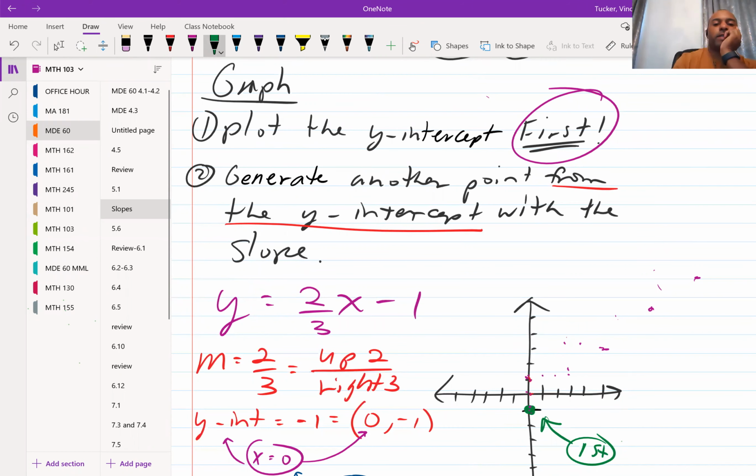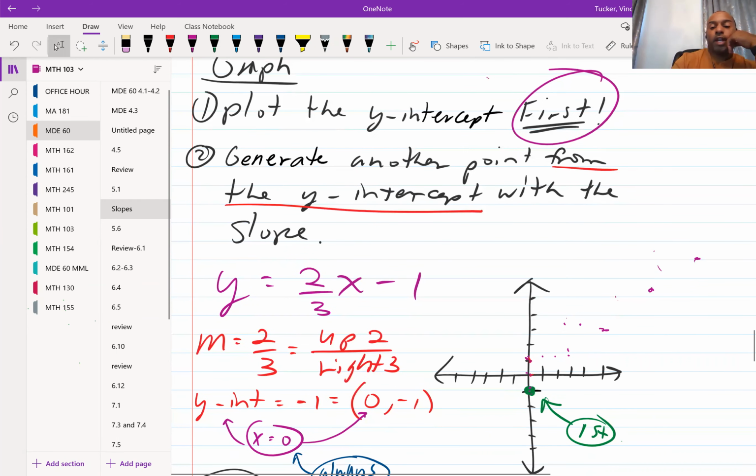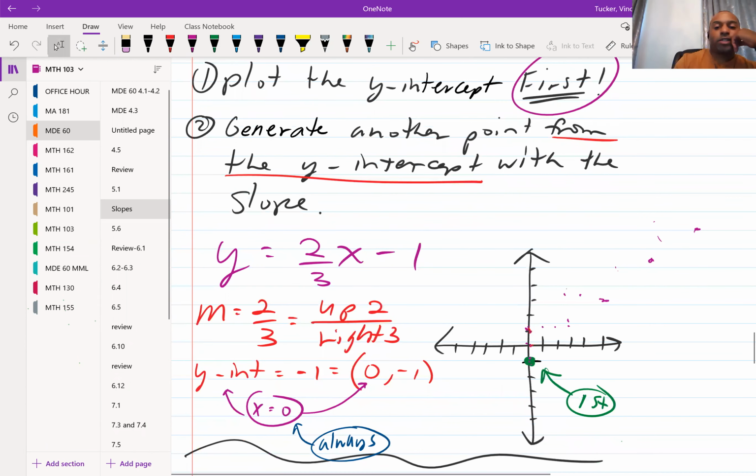All right, so let's take the equation y equal to 2/3 x minus 1 and extract all the information from it first. So what's sitting in front of x is your slope. That's 2/3. Both of them are positive, +2 over +3. So it means we're going to go up 2, right 3. Your y-intercept is -1. And because it's your y-intercept, you always know that the x component of your y-intercept is always going to be 0.